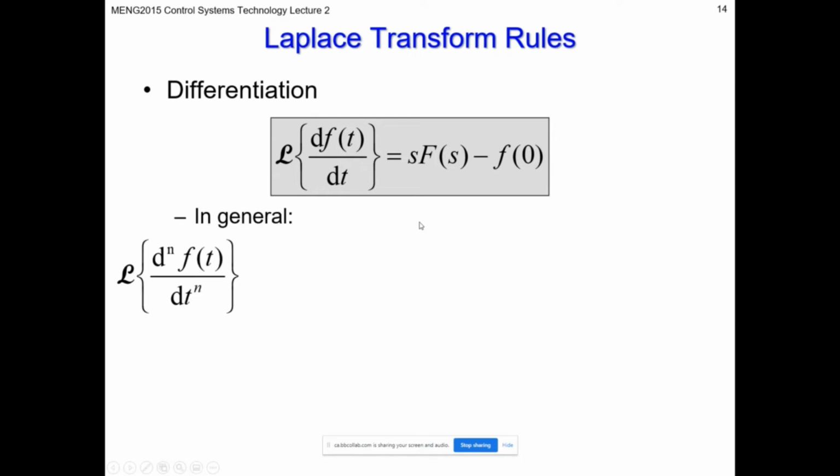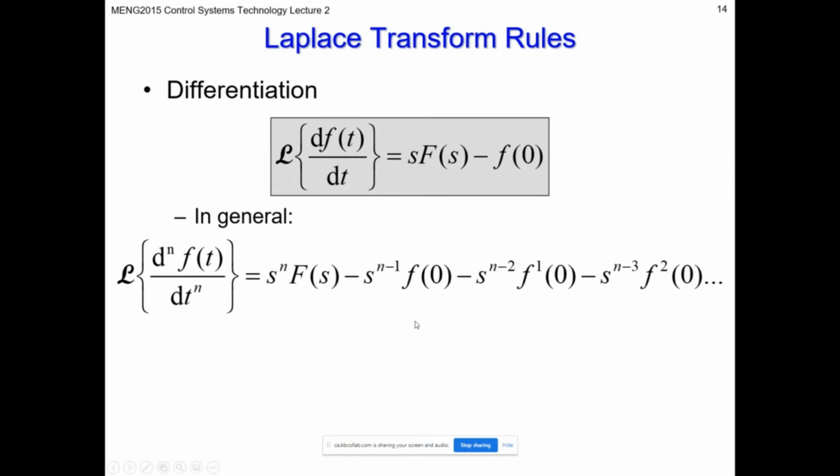This generalizes because this is a first derivative, right? Just the first derivative of f. But if you go to higher derivatives, in other words, n is greater than 1, then you have a set of these initial condition terms, right?